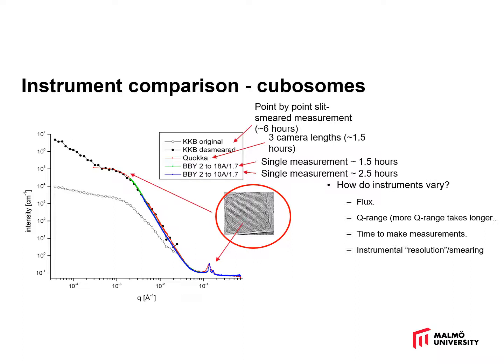So it has a lot wider Q range than Bilby, but this is done with 3 instrument configurations. I've shown 2 settings with Bilby. One, the green line, goes to a slightly lower Q than the other setting, the blue line, but they both differ in the measurement time.